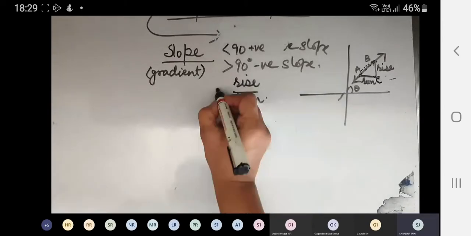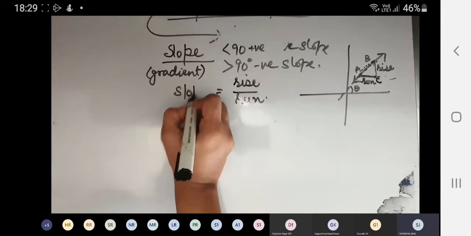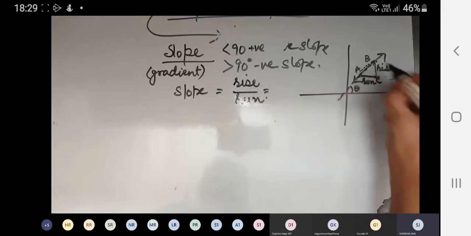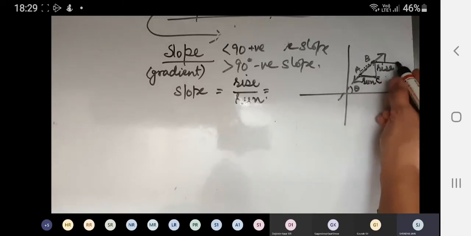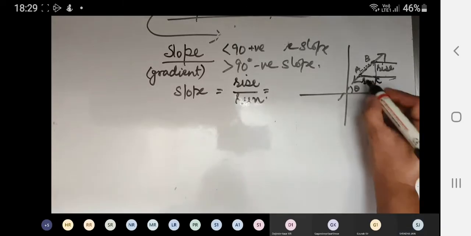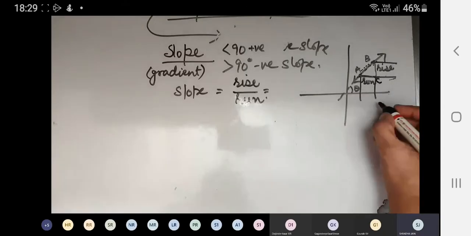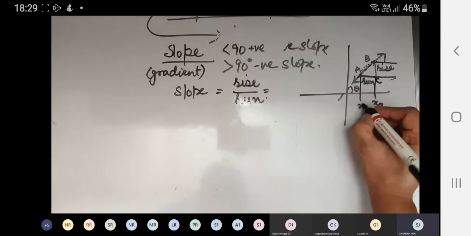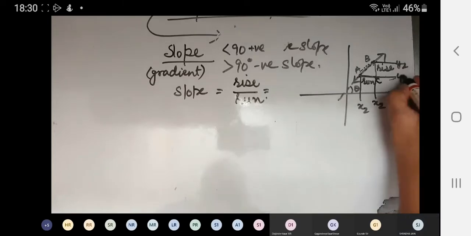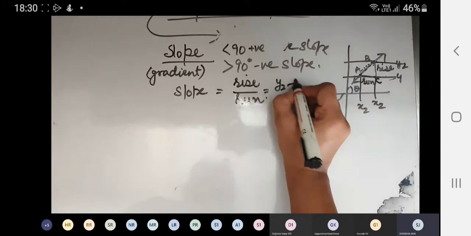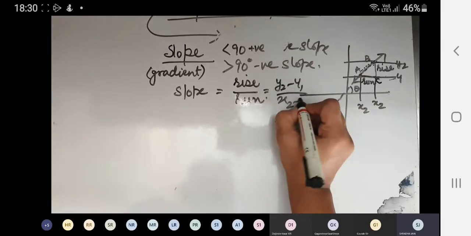Slope is basically the ratio of rise to run. Now how to find this rise? This length is the rise, then that is the run. With the help of the coordinates, on these sides, it is y2 minus y1 upon x2 minus x1.